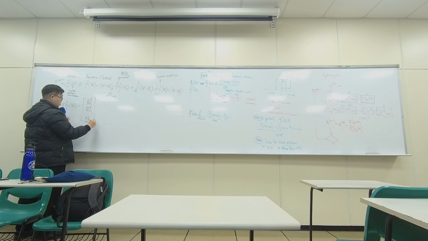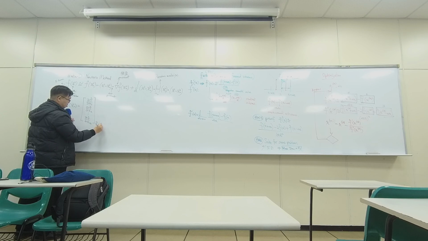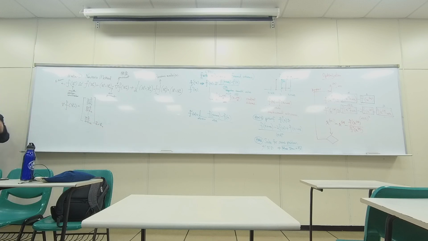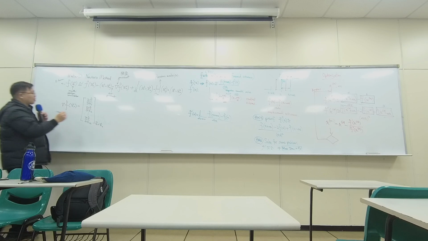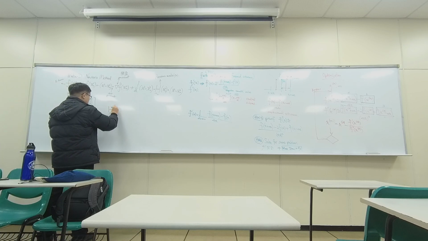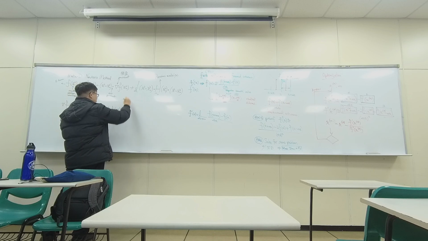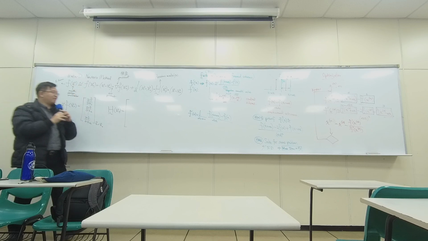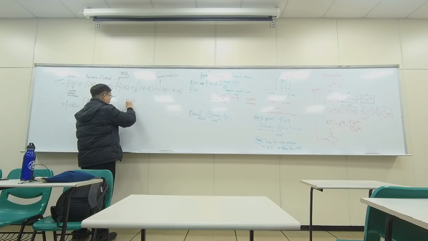After you do the partial derivatives, you plug in your expansion point. Okay? So what's inside the Hessian? It's a matrix that contains all the second order partial derivatives.